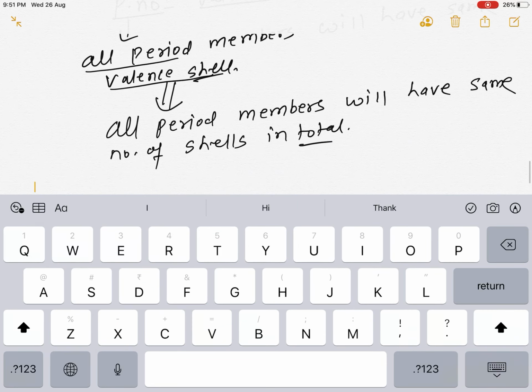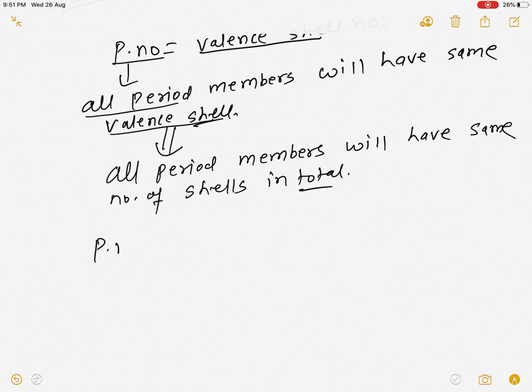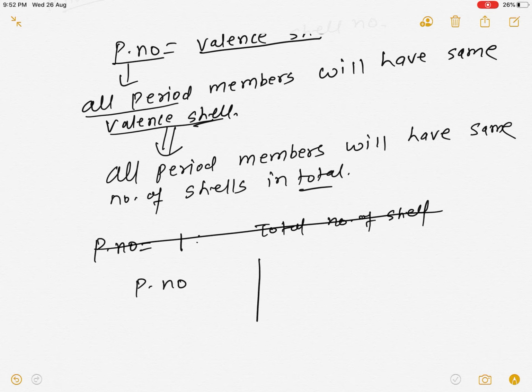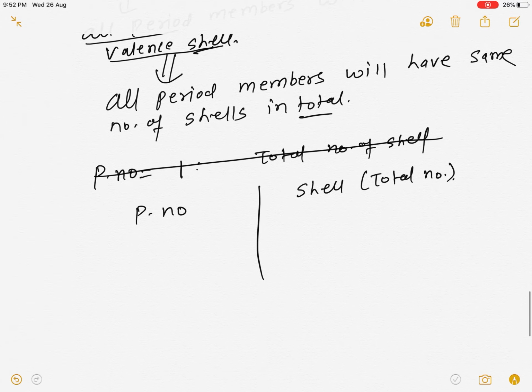So if the period number is 1, let's write it like this. Let's make a table, period number over here and the total number of shells over here.